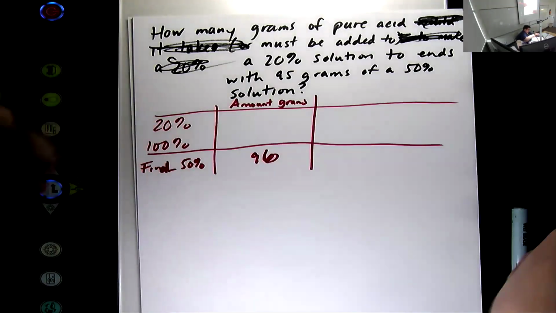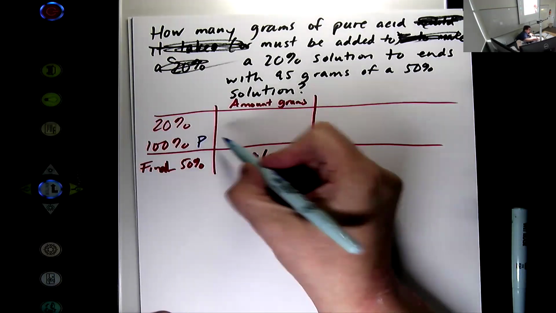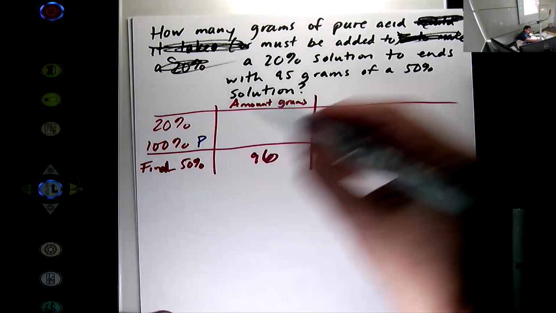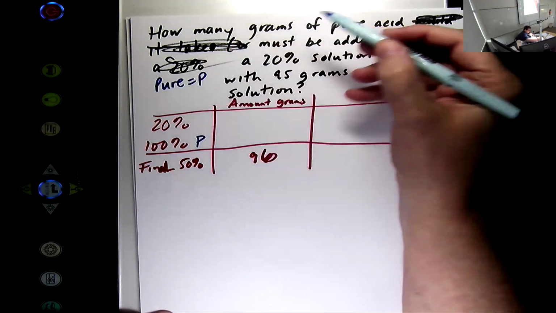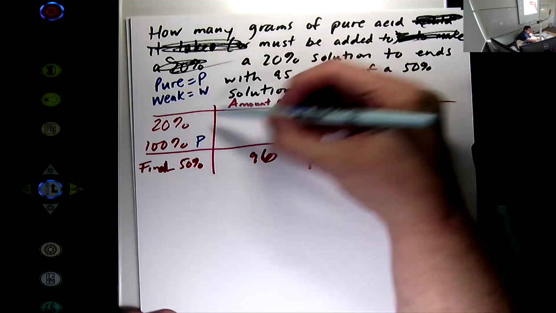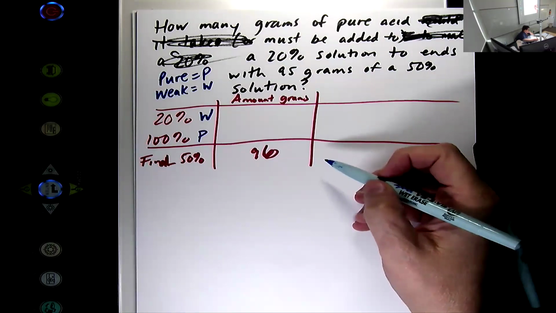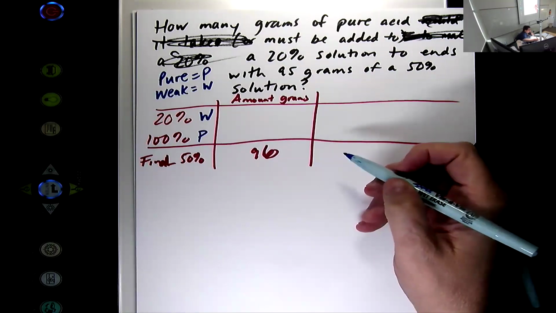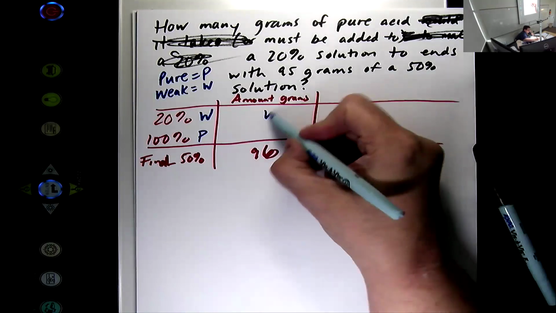So I'm going to give these variables. The 100% is the pure acid, so I'm going to give it a P for pure. The other one, 20%, is not that strong, so I'm going to call it weak acid, W. In hindsight that isn't a good choice because we did P and W in the last problem, but they represent different things here. So this would be W and this would be P.